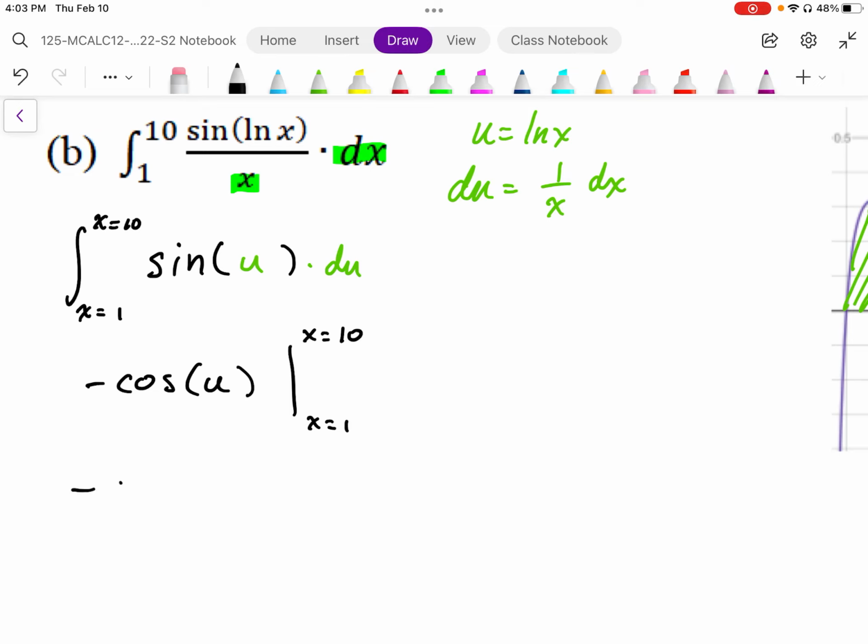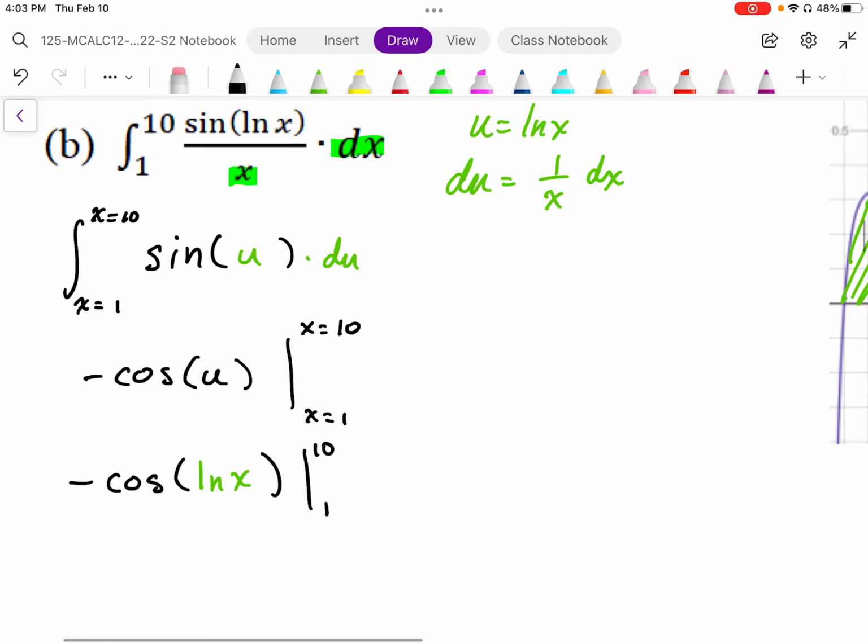I'm going to replace my u with my original log x. So I'm going to put that back in there, log x. And now I can put my bounds back in terms of x, so I don't need to put those x equals 1 and x equals 10 in here.